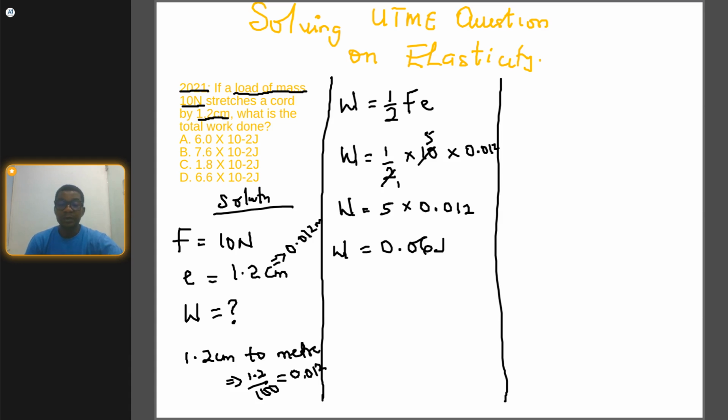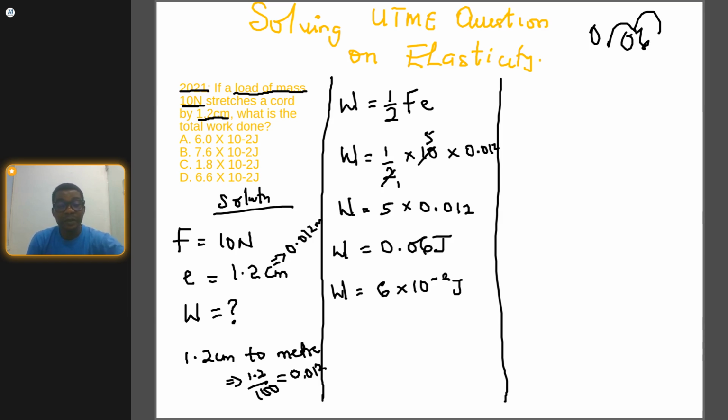This is in decimal form, and in standard form it is going to be 6 multiplied by 10 raised to power minus 2 joule. By moving the decimal point, 1, then 2, I move it twice. That is why the index is minus 2.